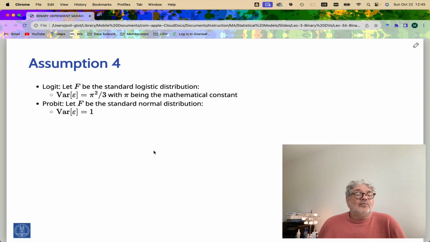And the assumption that we then make is that one version of capital F is the standard logistic distribution, where the variance of epsilon happens to be set equal to pi squared over 3, with pi being the mathematical constant pi, not the probability pi. For the probit, we pick a standard normal distribution for capital F, and there the variance of epsilon is equal to 1.